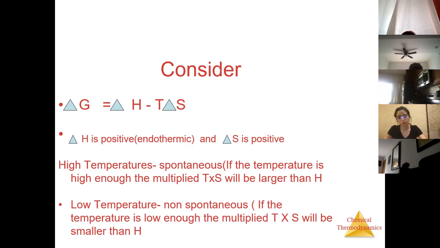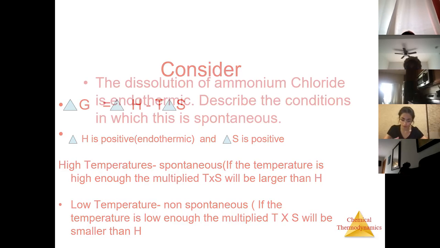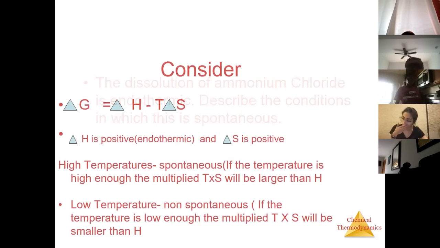Rhea, do I have two conflicting things here? My delta H is positive and my delta S term, because I'm subtracting a positive number, is going to be negative. So I have two conflicting things here, don't I, Rhea? Yes.